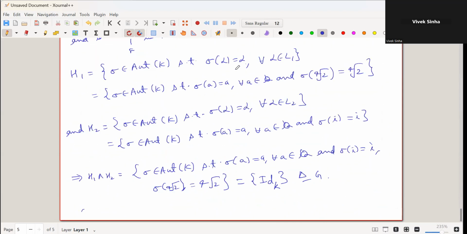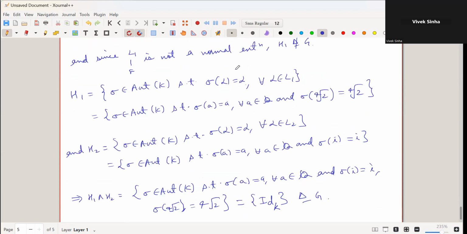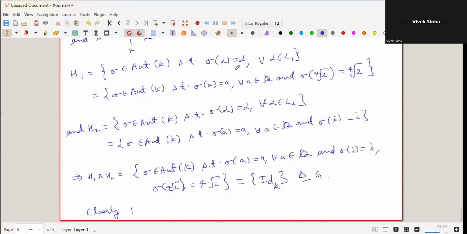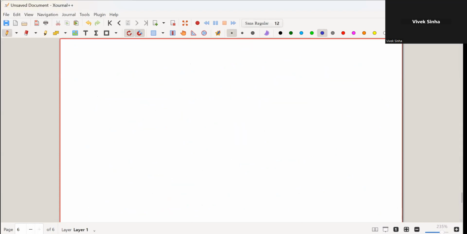Okay, clearly. Whether H1 is a subgroup of H2, H1 is not a subgroup of H2. You can see it just by the definition of H1 and H2. You are saying something. Okay. So that's it. I hope we can move to the next question.